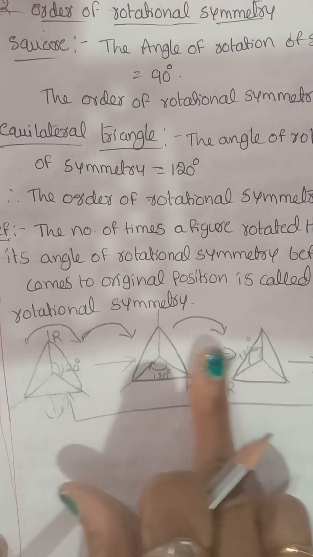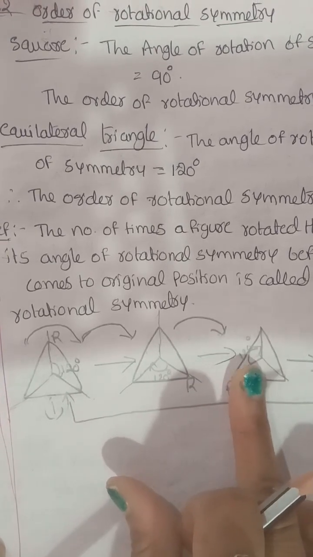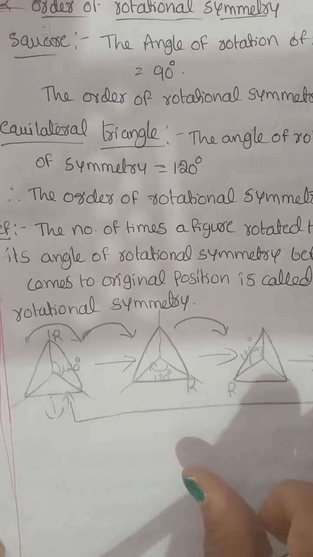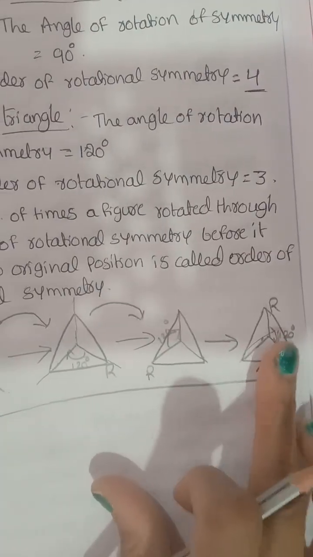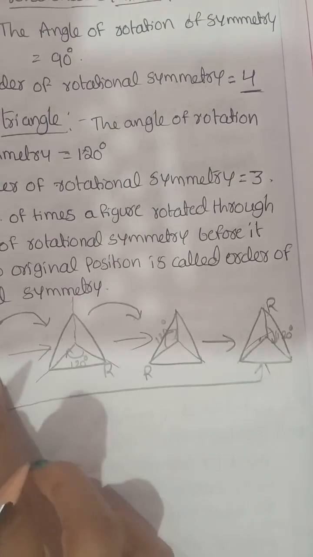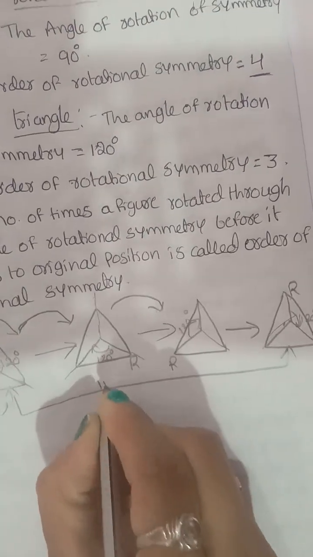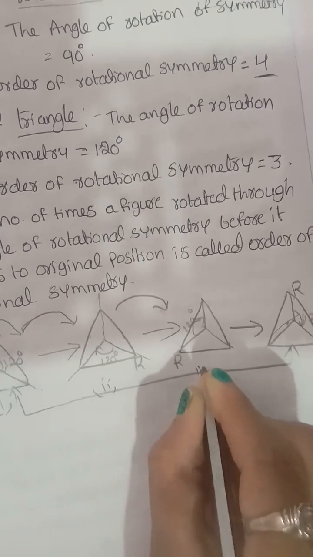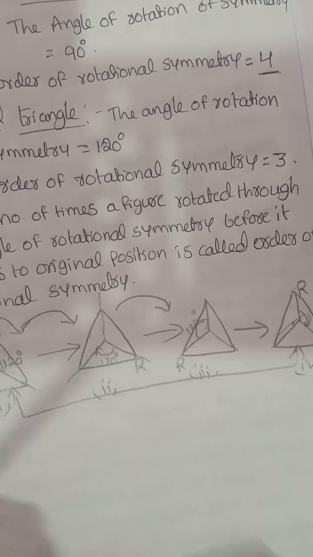After 3 times, rotated about its center through 120 degrees, we get the same position as the original one. Okay? This and this are the same as the original. So this is the second figure, this is the third, and this is the fourth one. Are you understood Gagan Sai?